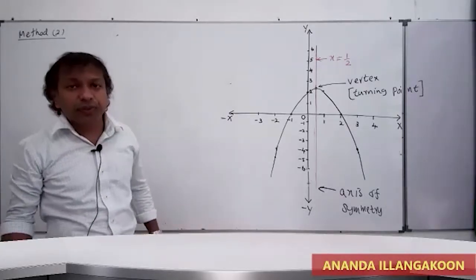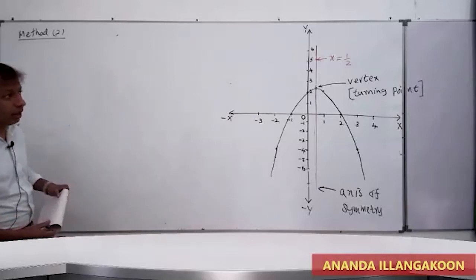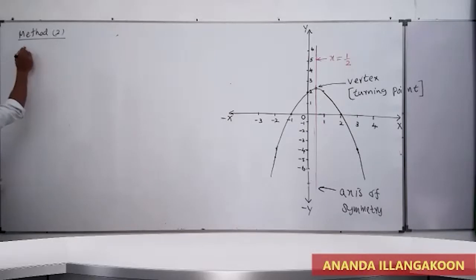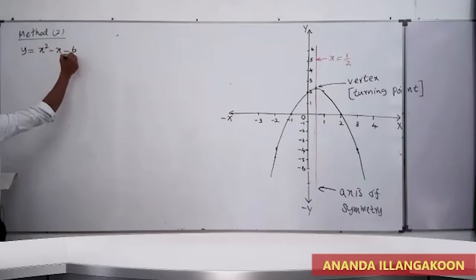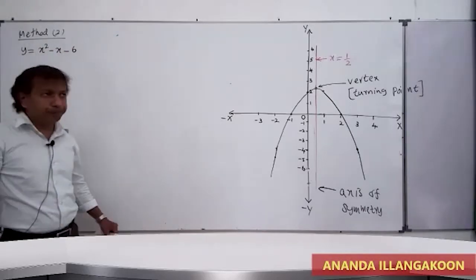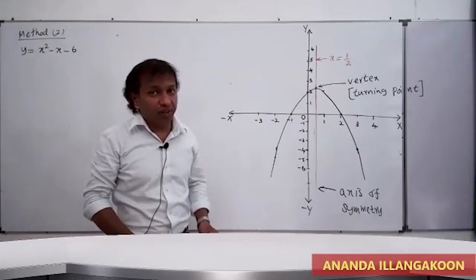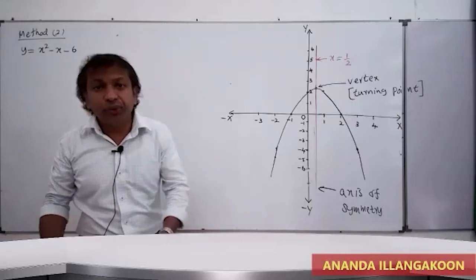I will take this one, people: y equals x squared minus x minus 6. This is the very first graph we drew. It's a minimum graph, and you know its roots and all.